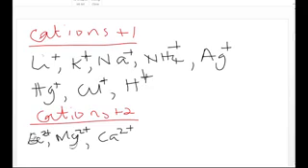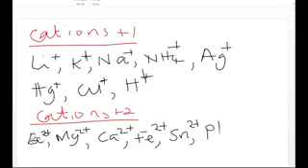We have Ca2 plus, that's calcium ion. We have Fe2 plus, that is iron 2 ion. We have Sn2 plus, this is tin 2 ion. We have Pb2 plus, this is lead 2 ion. We have Cu2 plus, this is copper 2 ion.